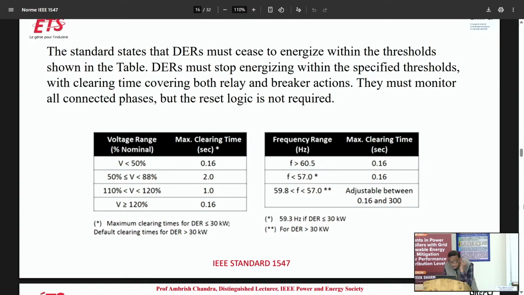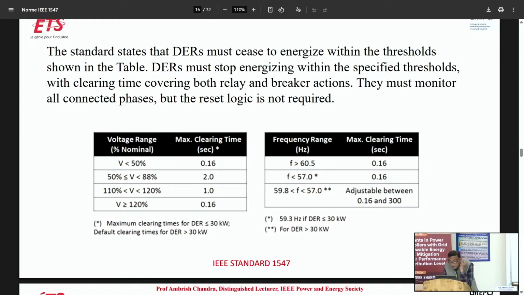If it is between 50% and 88% voltage range on the grid, then within 2 seconds it should disconnect. If the voltage range is between 110% and 120%, then 1 second clearing time. And if voltage is more than 120%, then 160 milliseconds they should disconnect. So this is the maximum clearing time for DER less than 30 kilowatt.